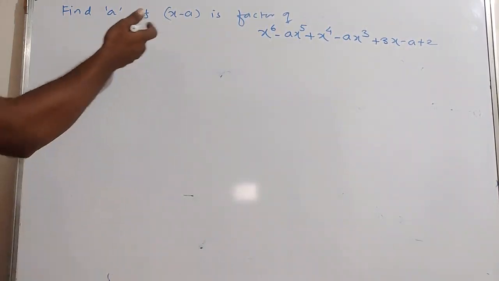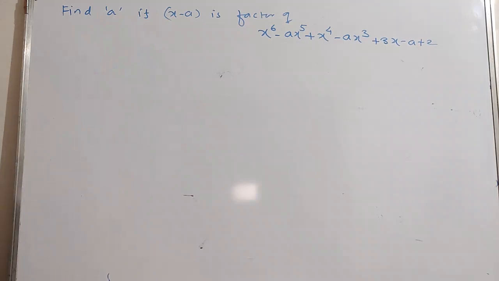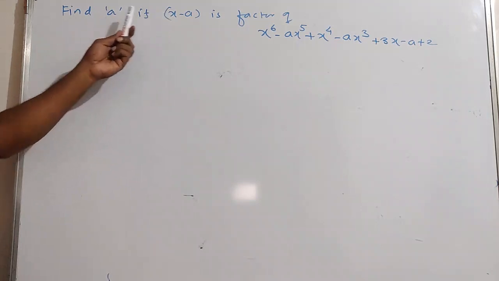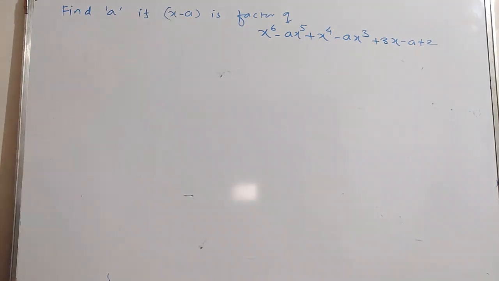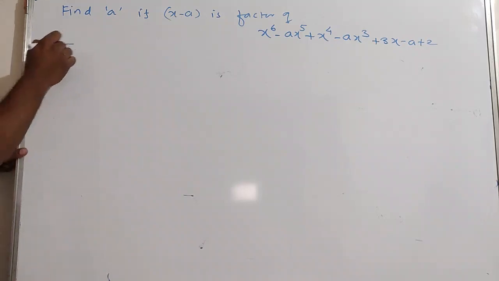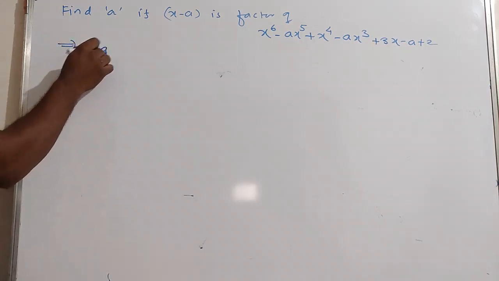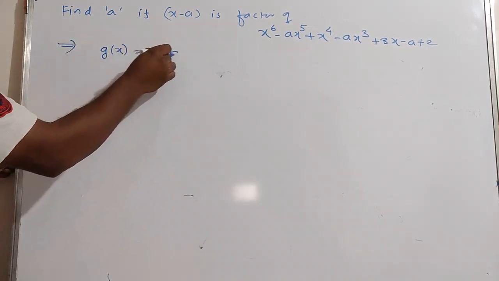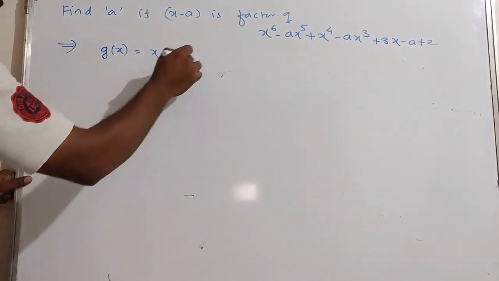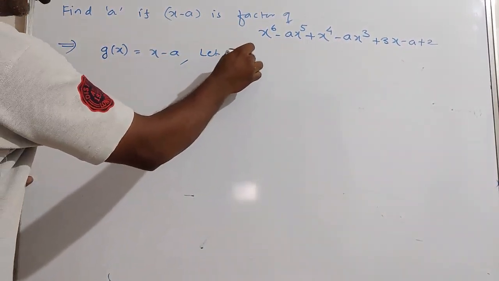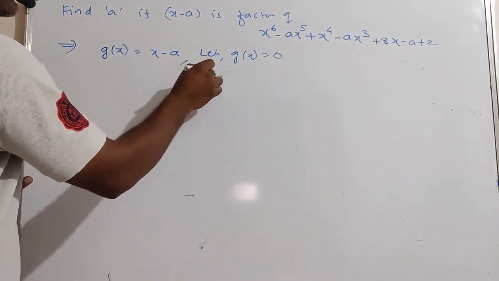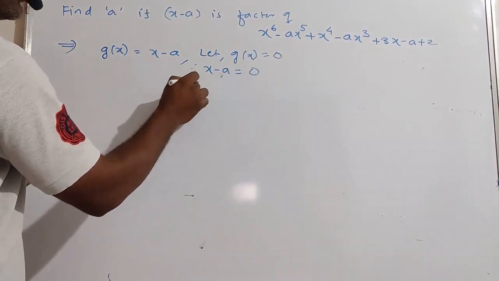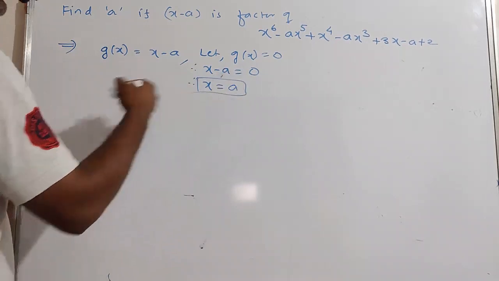So it is easy. We have to find the value of a if x minus a is a factor of the given polynomial. I will consider g of x as x minus a, and let g of x be equal to 0, that is x minus a is equal to 0, so x is equal to a.